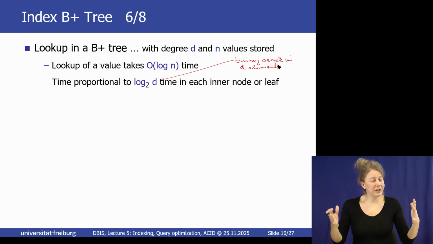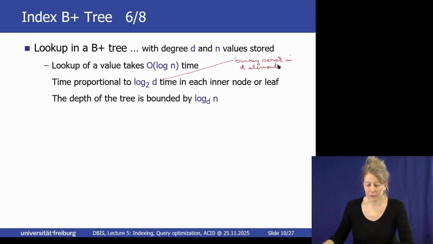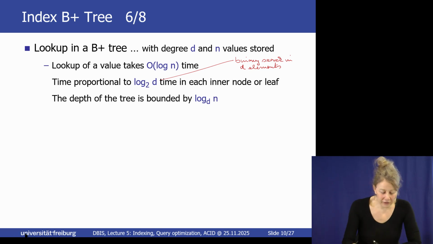I have at most D things, they are sorted, so binary search. The depth of the tree, which has degree D, is log D of n. This is not algorithms and data structures, so I'm not computing this here. So it's log_d n, and to be more precise, it's the ceiling of this, because otherwise it is a fractional number.